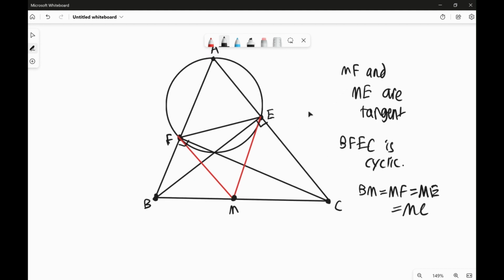So we want to prove that MF is tangent to AEF because then something similar will happen to ME.